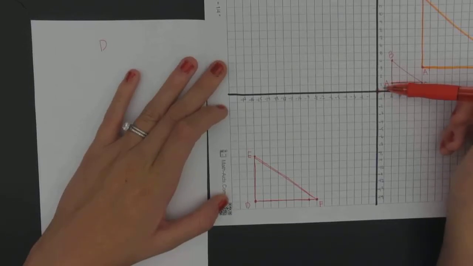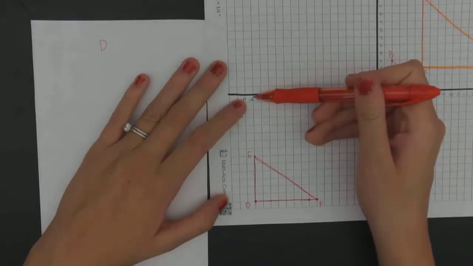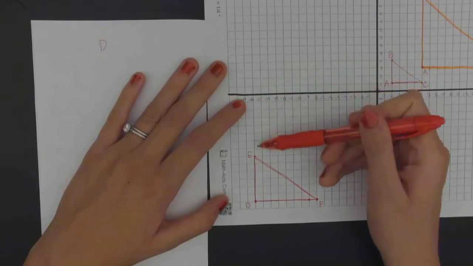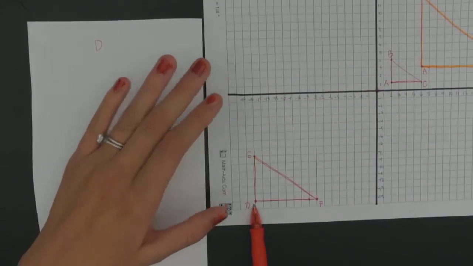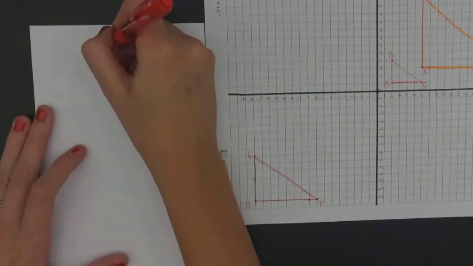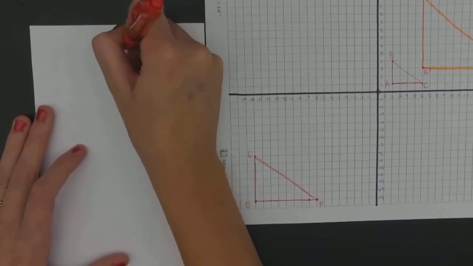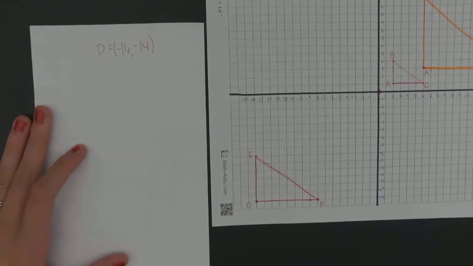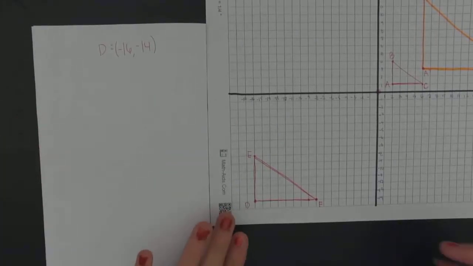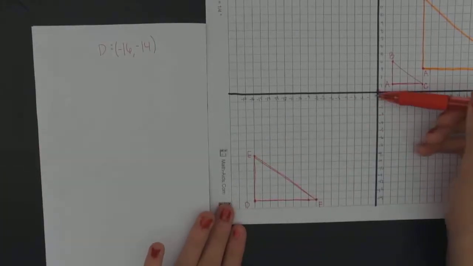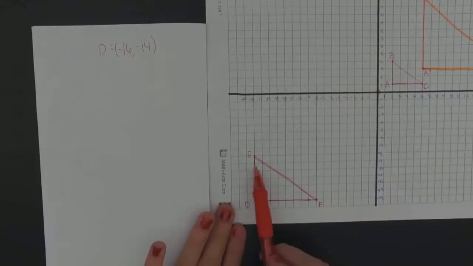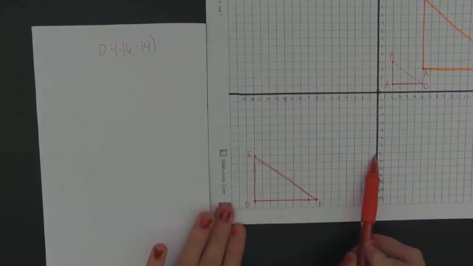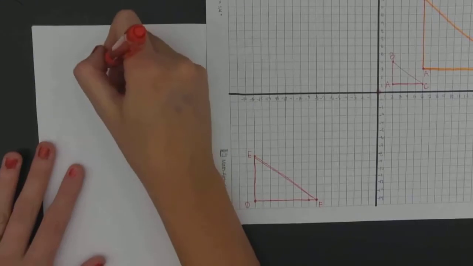If you're looking, it looks like I went over -16 and down -14. So to get to D, I went -16, -14. Okay. To get to E, I went over -16 and I went down -8.